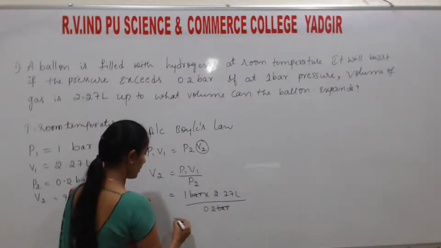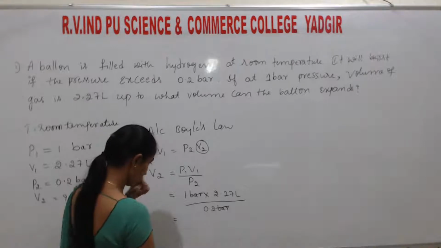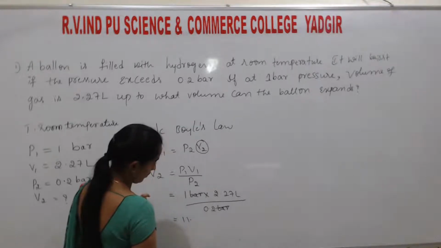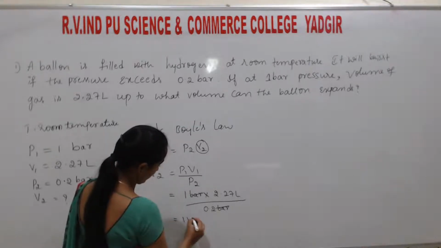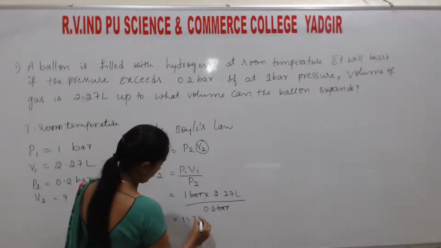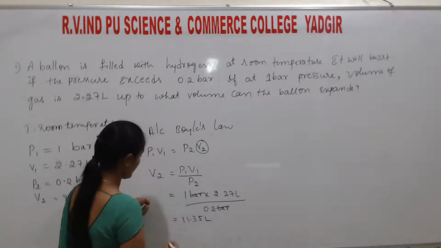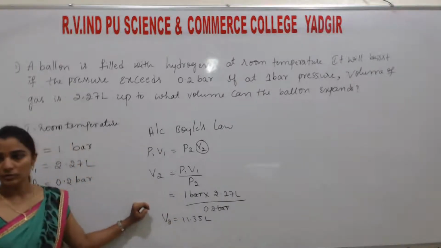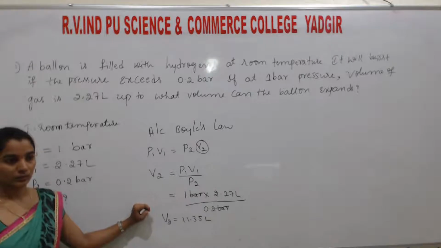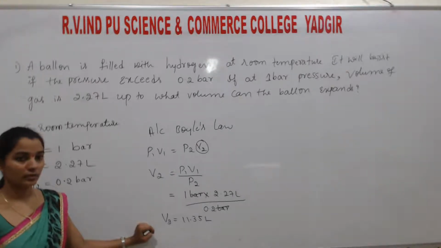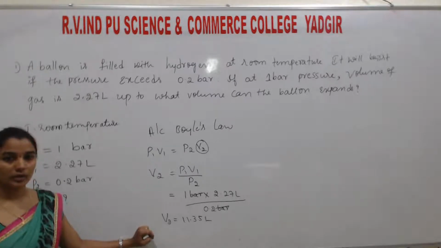Correct? So you divide this, you will get 11.35 liter. Understood? Do you have a calculator?